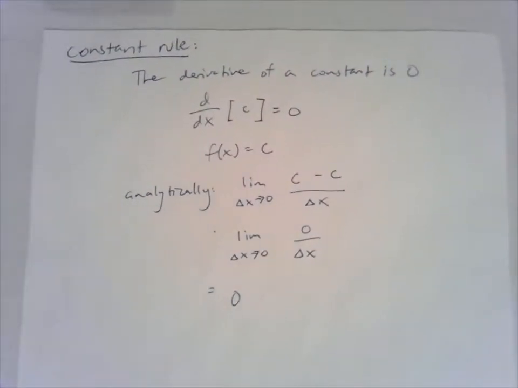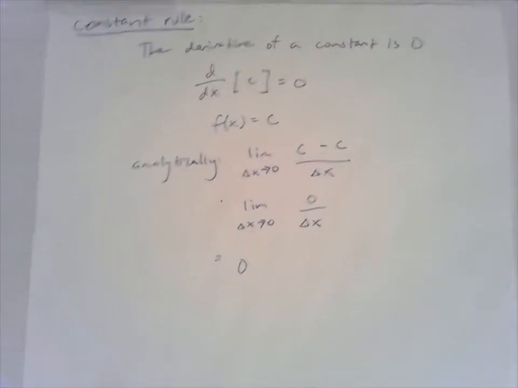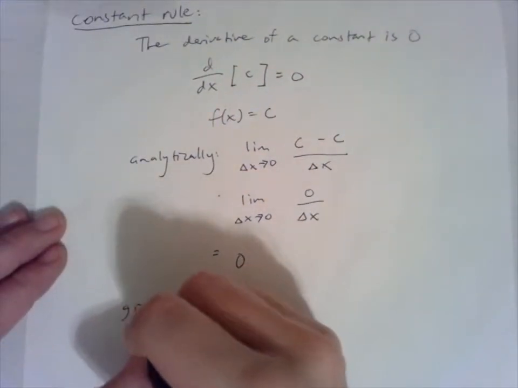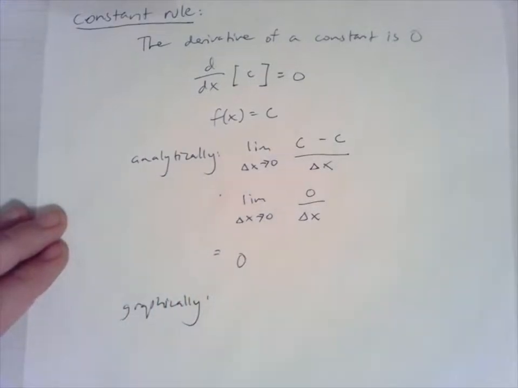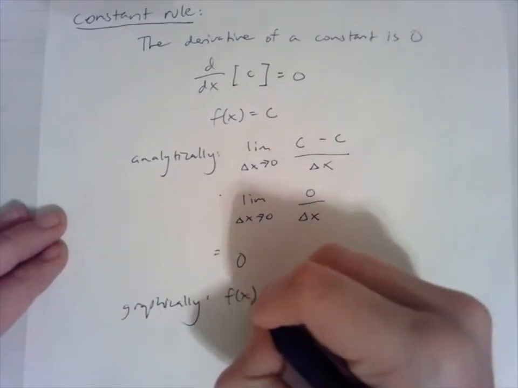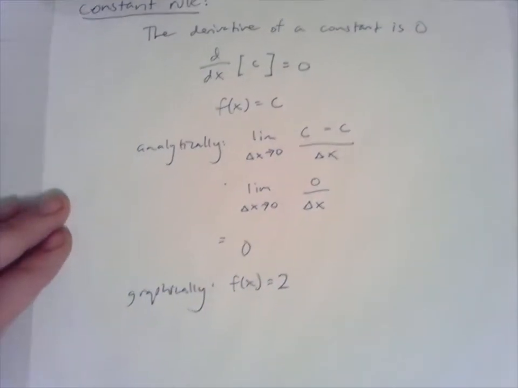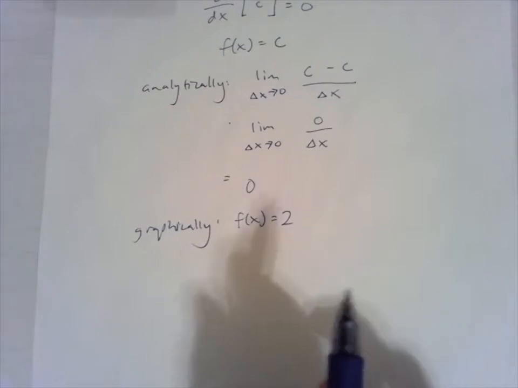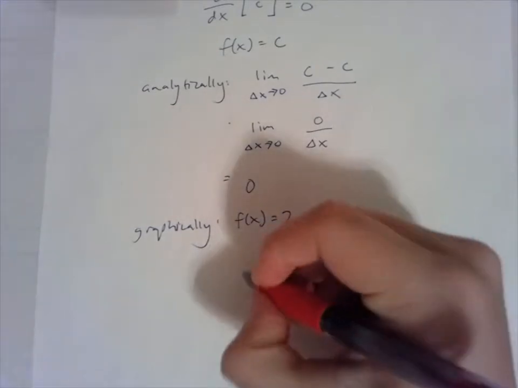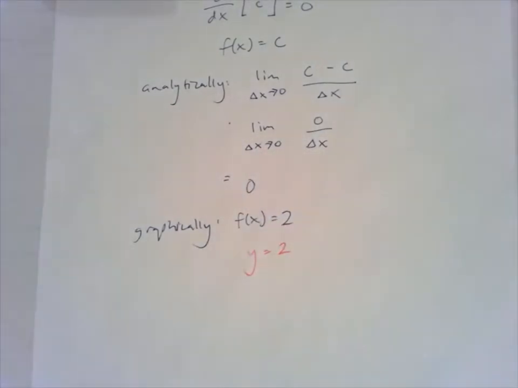And if we think about this graphically, say we have the function f of x equals 2, the constant 2. Remember that f of x equals 2 is just saying y equals 2.